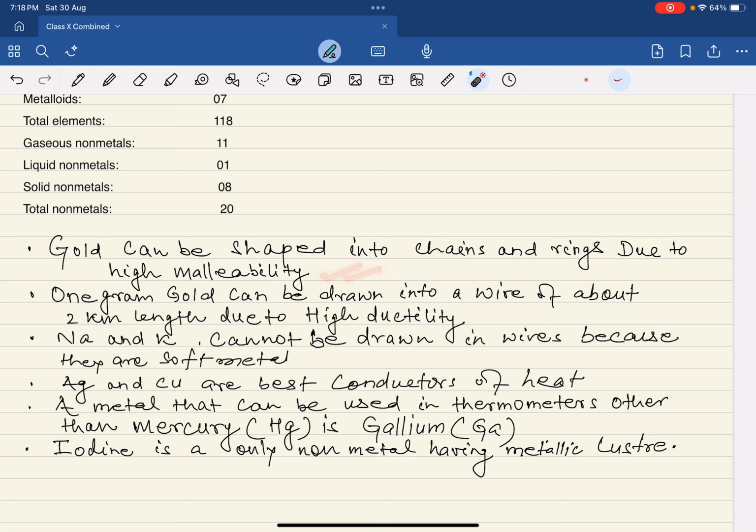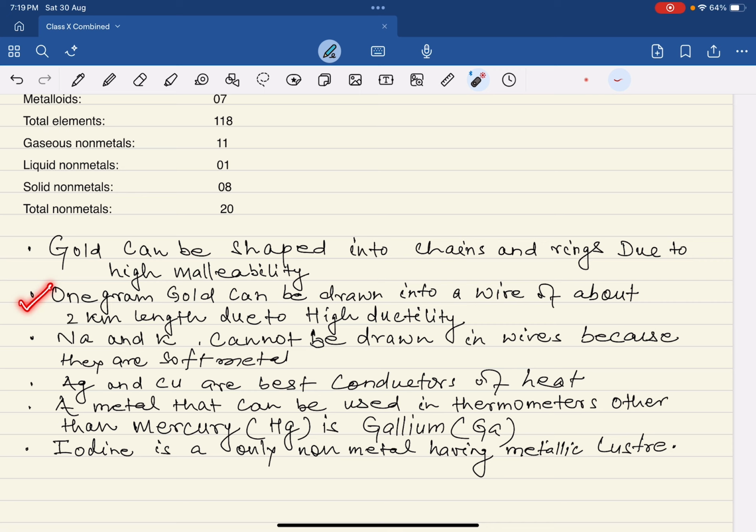We know that nowadays the Gem and Jewelry Promotion Council of India earns more and more money because of the conversion of different types of metals. In this case, gold can be shaped into chains and rings due to high malleability.